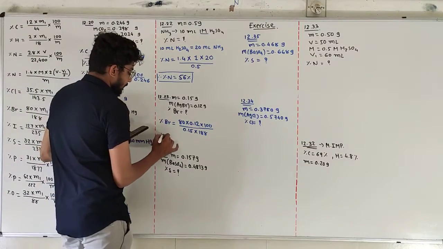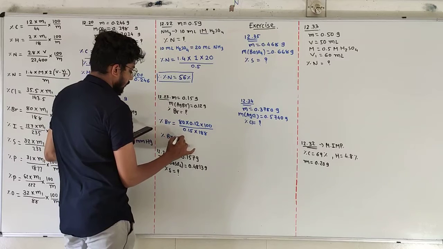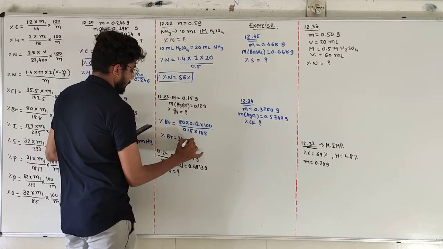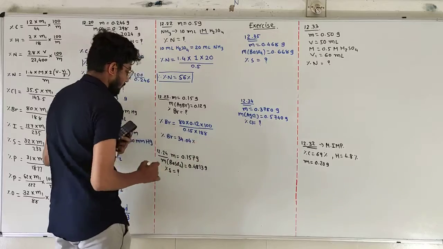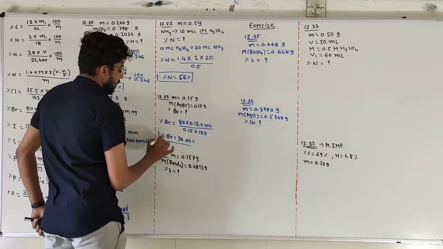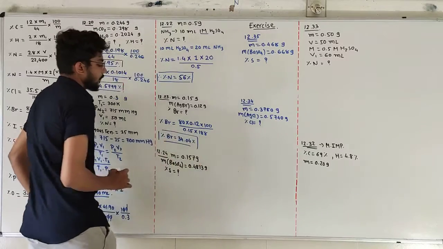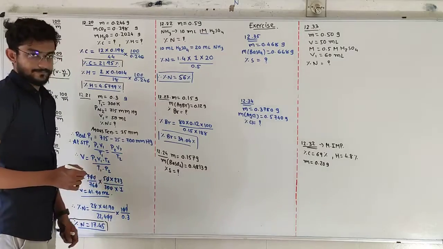So the percentage of bromine is equal to 34.04%. Simply use the formula, you will get the answers.